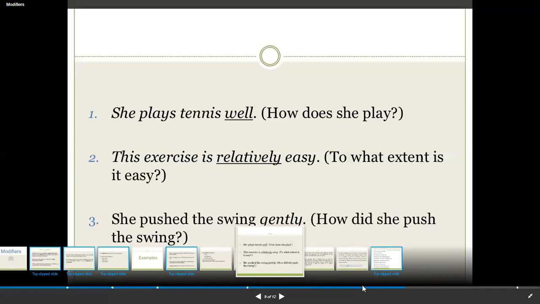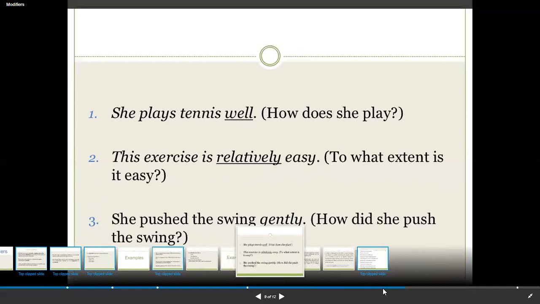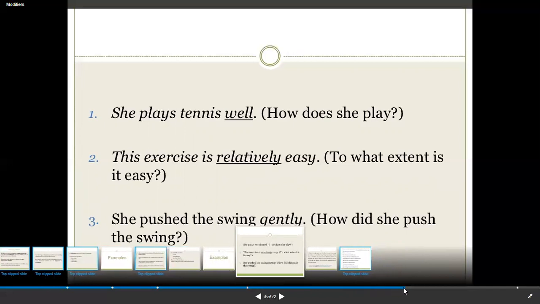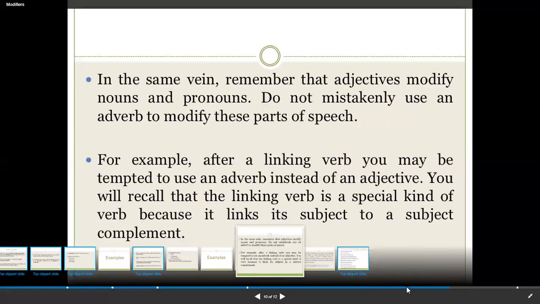Sometimes modifiers could also include phrases with descriptive functions. The interesting part is that sometimes the place in which a modifier is used in a sentence can make or break a sentence, or add a lot of meaning to that particular sentence.